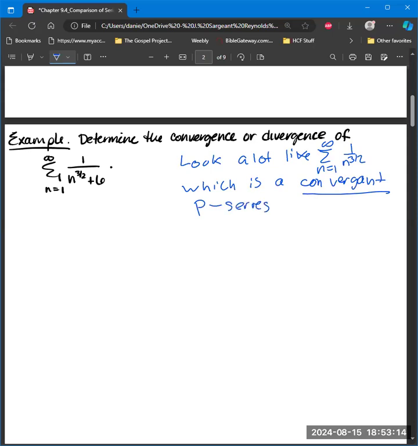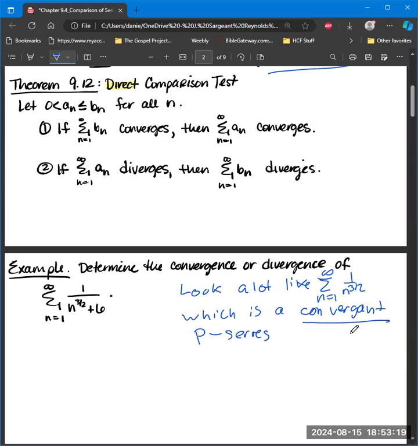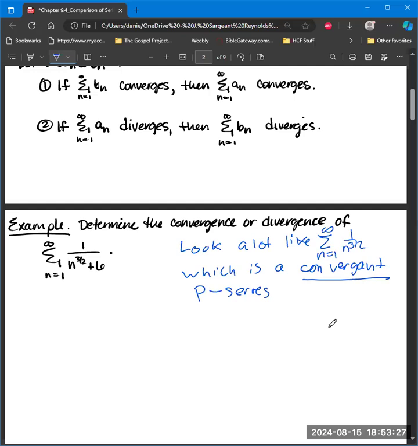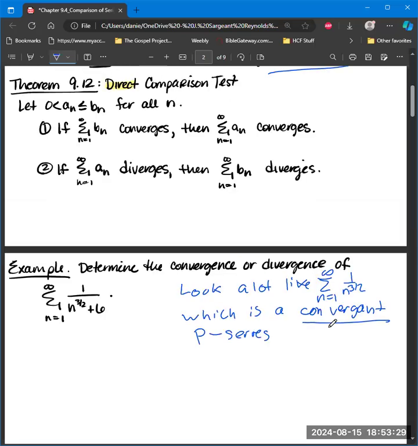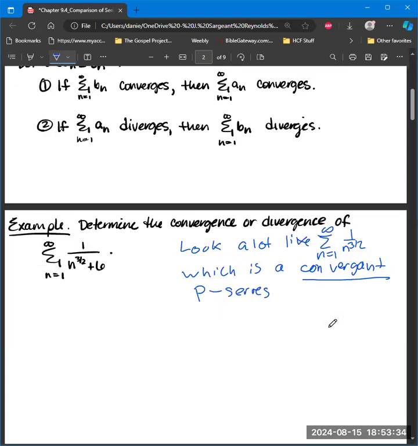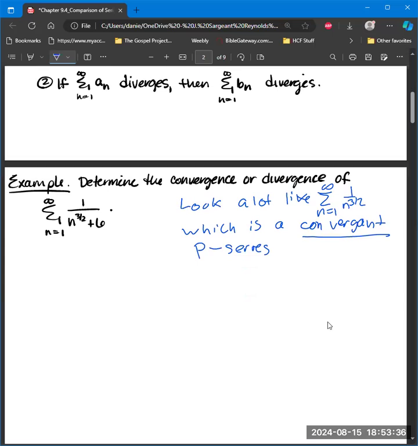So because our comparison series converges, then we are going to make sure that it is the one that is greater than an. So let's check that. Let's make sure that 1 over n to the 3 halves is greater than or equal to 1 over n to the 3 halves plus 6.